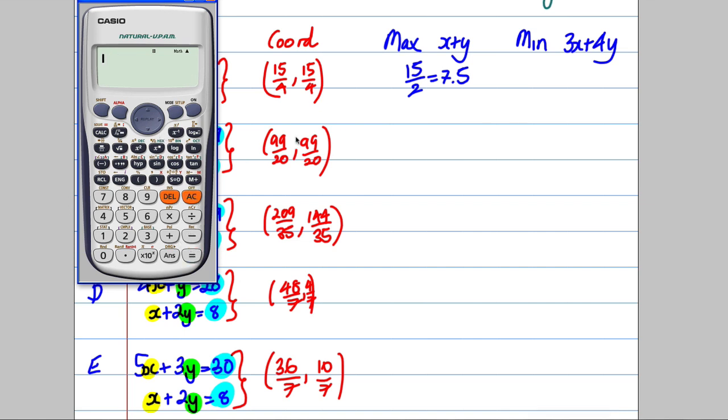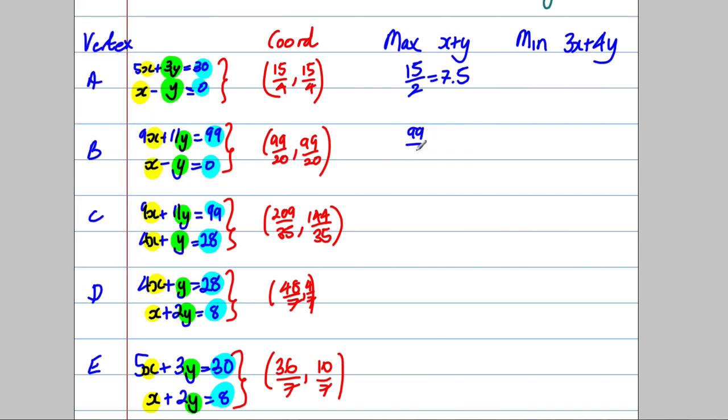The next one we're going to add these two, so 99 over 20, add another one of those, so basically multiplying it by 2. I get 99 over 10, which is clearly 9.9.